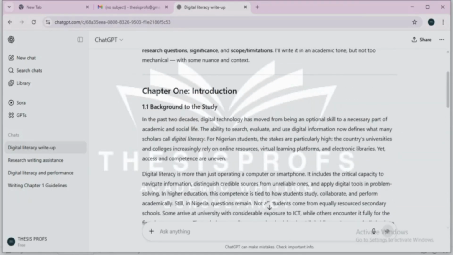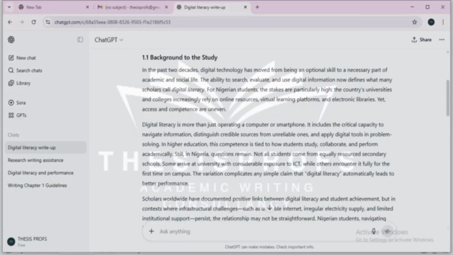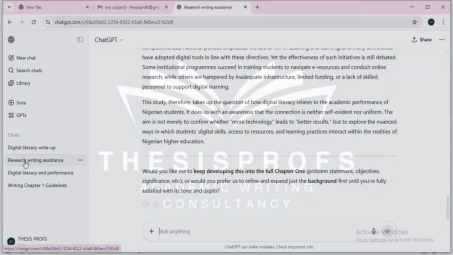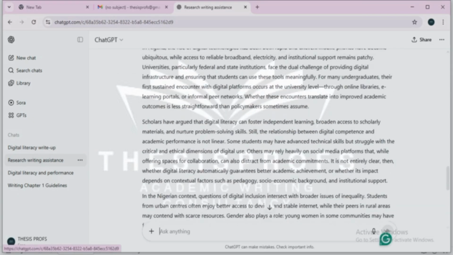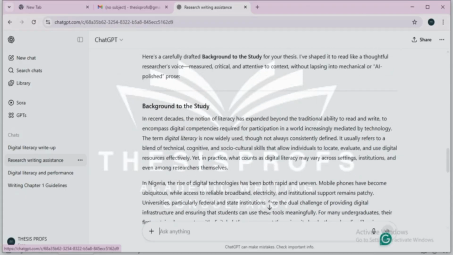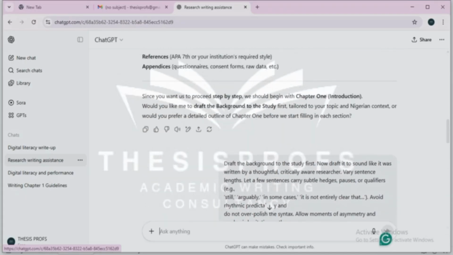And then what some persons would do, they just come copy and paste. Now, if you copy and paste this and take it to Turnitin, they're going to detect the use of AI. But you see this that we've done here, it is well structured, well tailored. We have prompted it to not sound like an AI generated write-up.